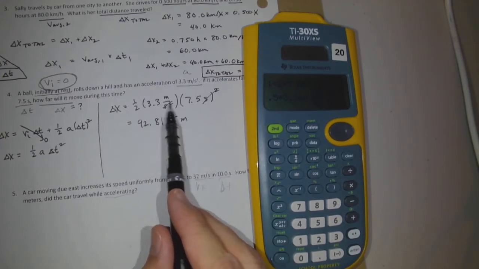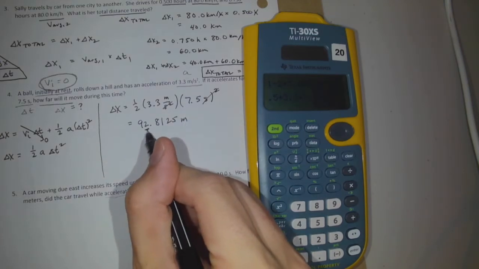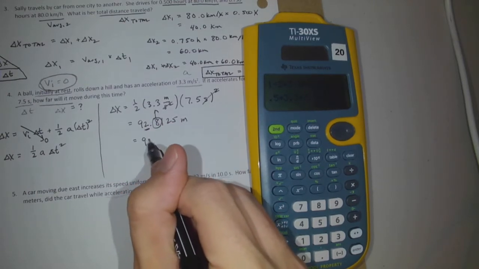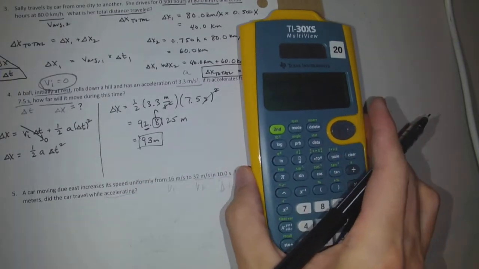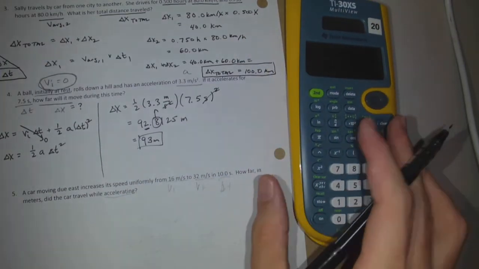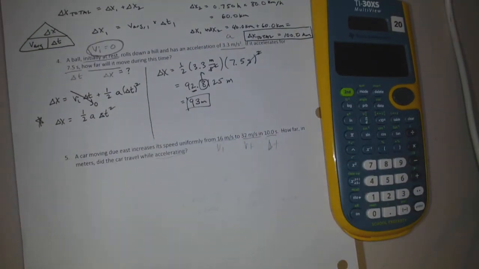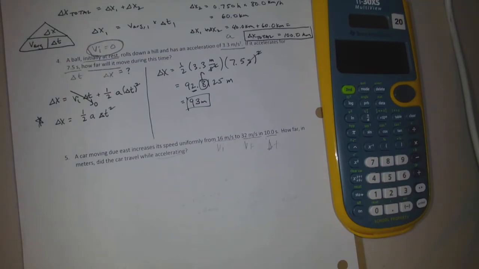So 2 times 2, our answer will have 2. Round it up. 93 meters. Okay. I almost literally asked, does anybody have any questions?